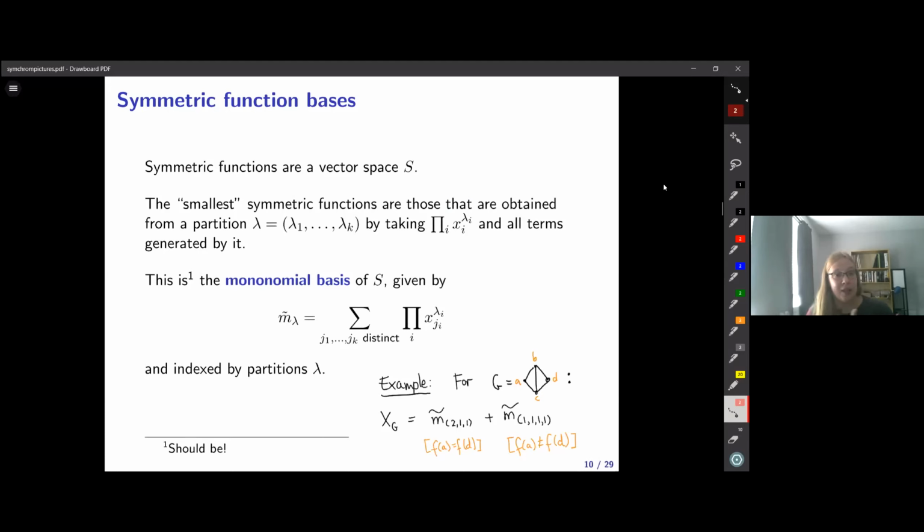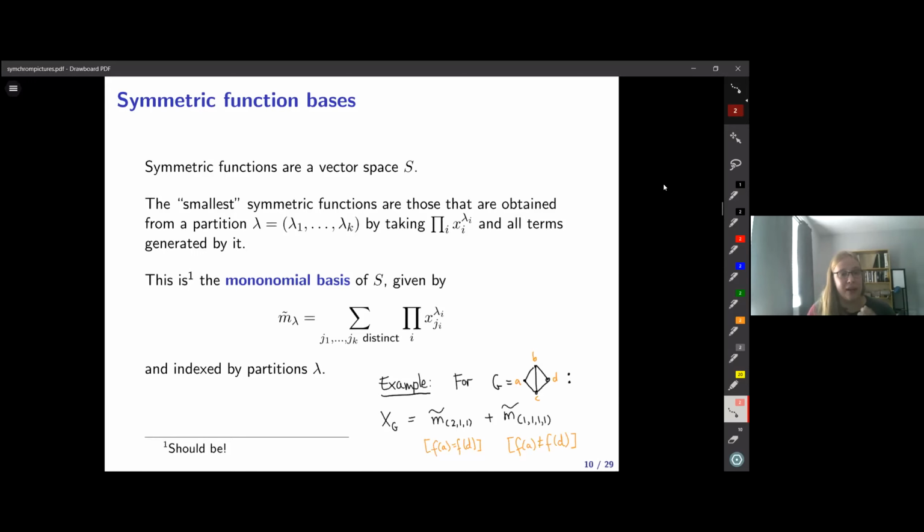And the monomials that can be mapped to each other are exactly those that come from the same partition, right? If I look at a monomial and look at the exponents, that's a partition of its degree. For example, for x1 squared, it's just a partition 2 of the number 2. And it can be mapped to every monomial where I get the same partition 2.